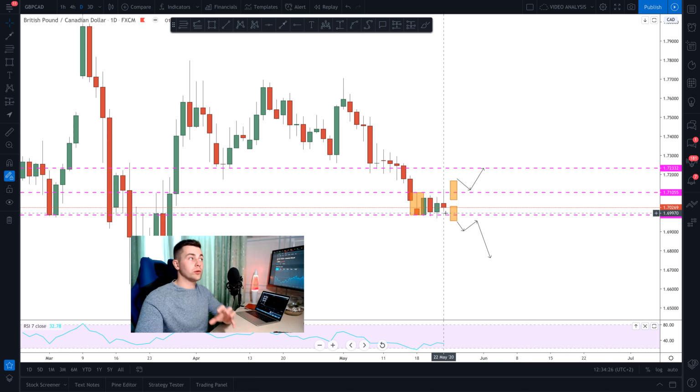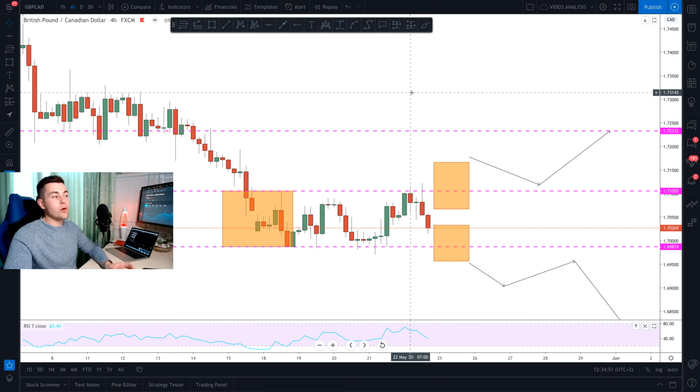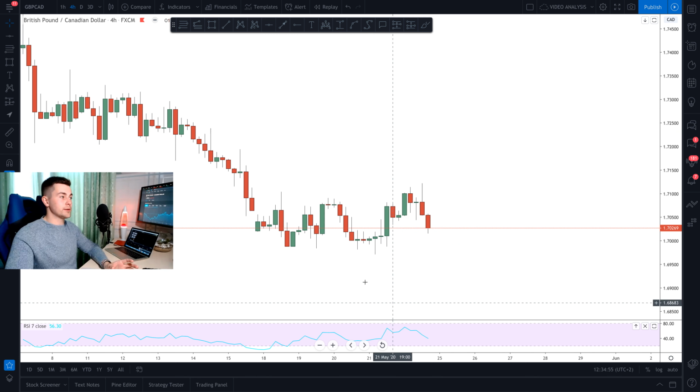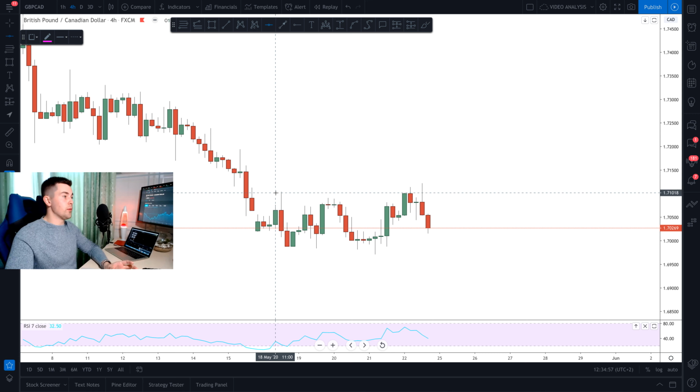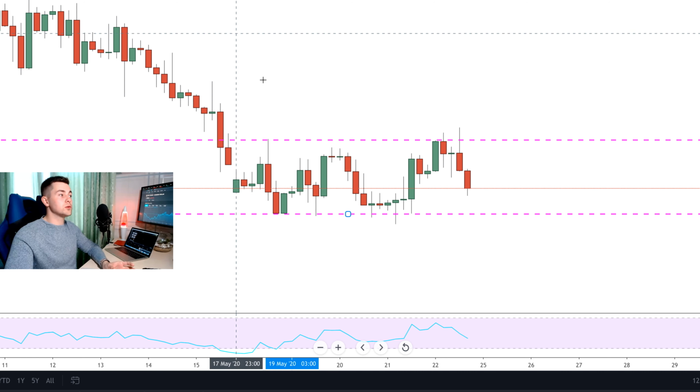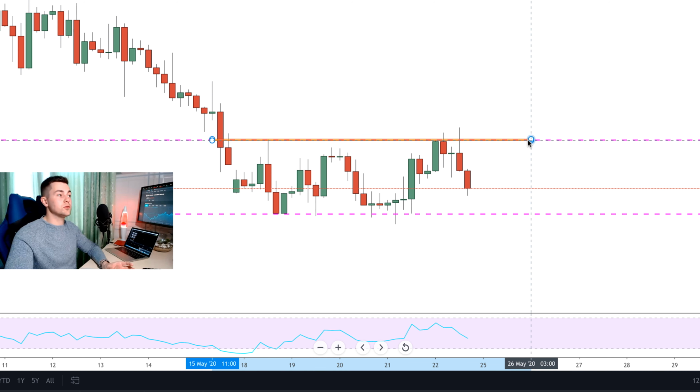And moreover, let me show you one thing on the lower time frame. So now I'm on the 4-hour chart, and if we take away our drawings and just draw the range of the mother's bar, why is it important for us? It gives us local strong resistance and support levels.